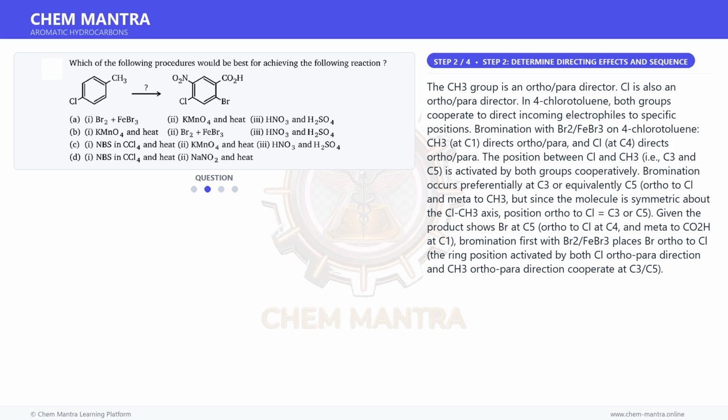Given the product shows Br at C5, ortho to Cl at C4 and meta to CO2H at C1, bromination first with Br2/FeBr3 places Br ortho to Cl, the ring position activated by both Cl ortho-para direction and CH3 ortho-para direction cooperate at C3-C5.